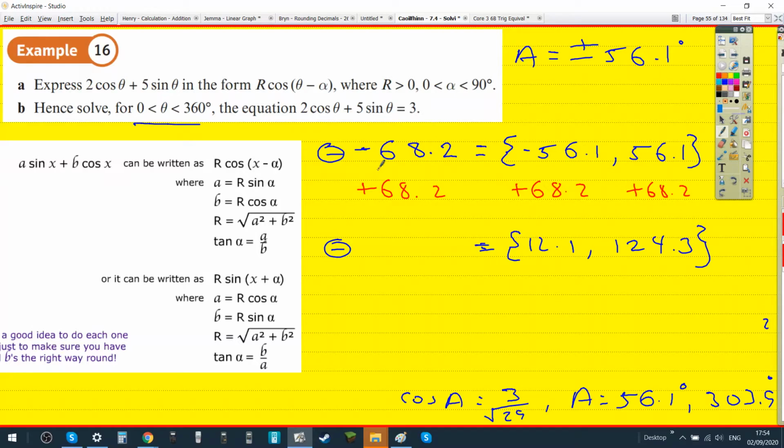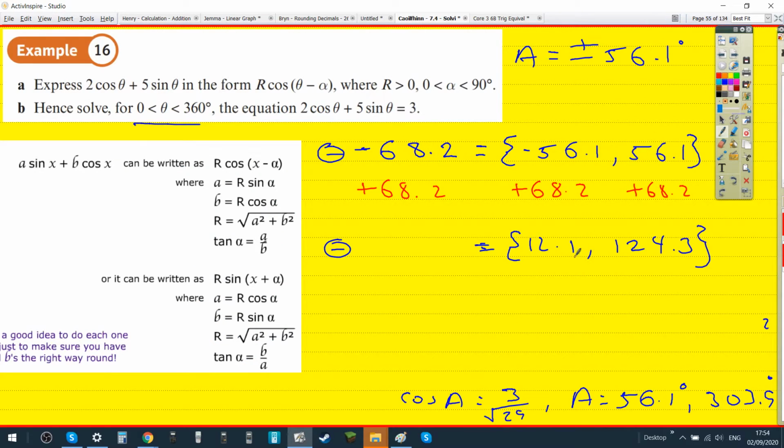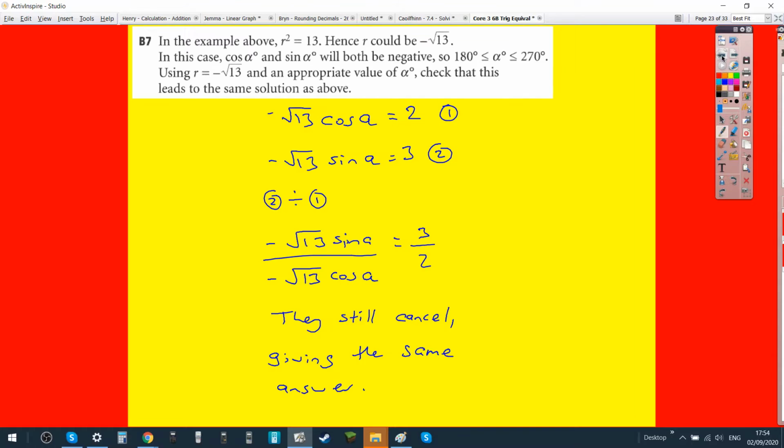So theta is 12.1 and 124.3. Great. Big picture is this is given to us as single angles, but it's a mixture of sine and cos, and so we put it back into an addition or subtraction angle so that we can solve it more satisfyingly.